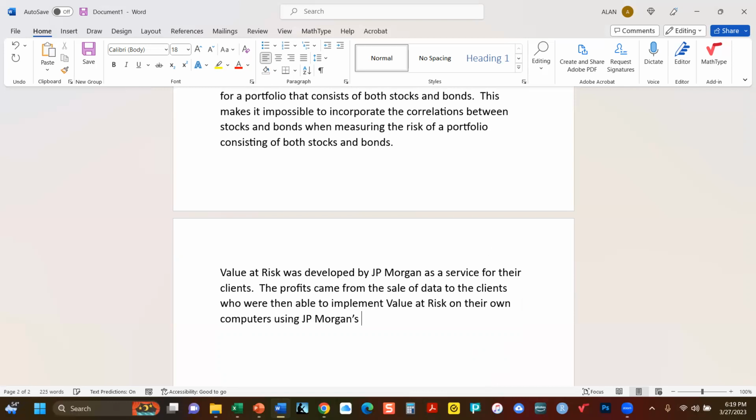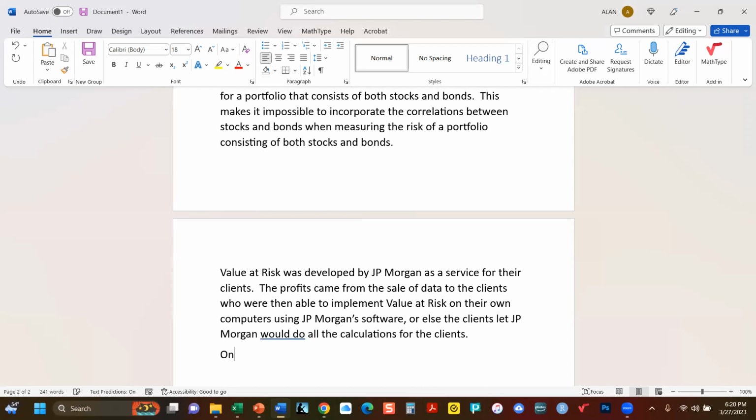Or else, in some cases, the clients let JP Morgan do all the work, including they would send them their data. Here's what we have in our portfolio. So it was a money making thing. They were trying to make money for their clients, but there was more than just that.